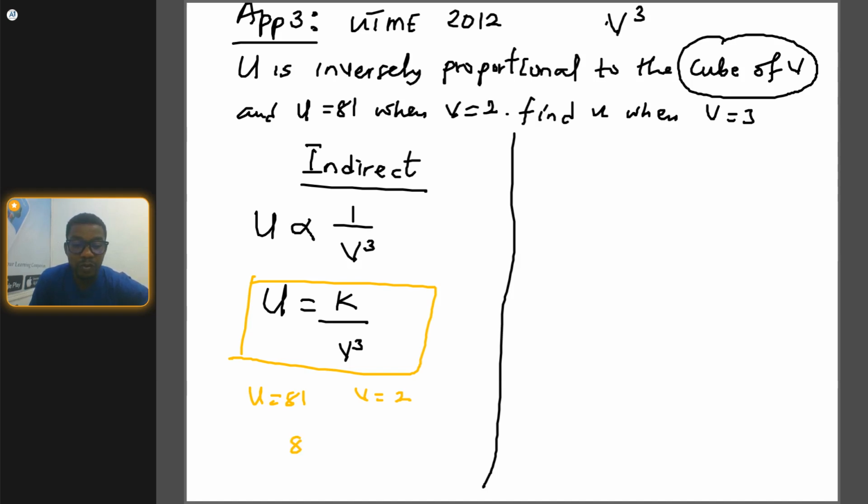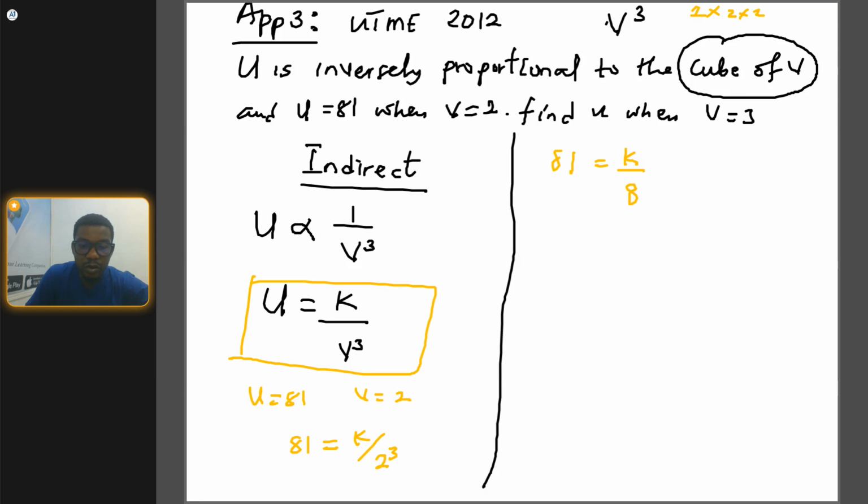So we have 81 equals k over 2 raised to power 3. When you express 2 raised to power 3, that's 2 times 2 times 2. That's going to give us 8.